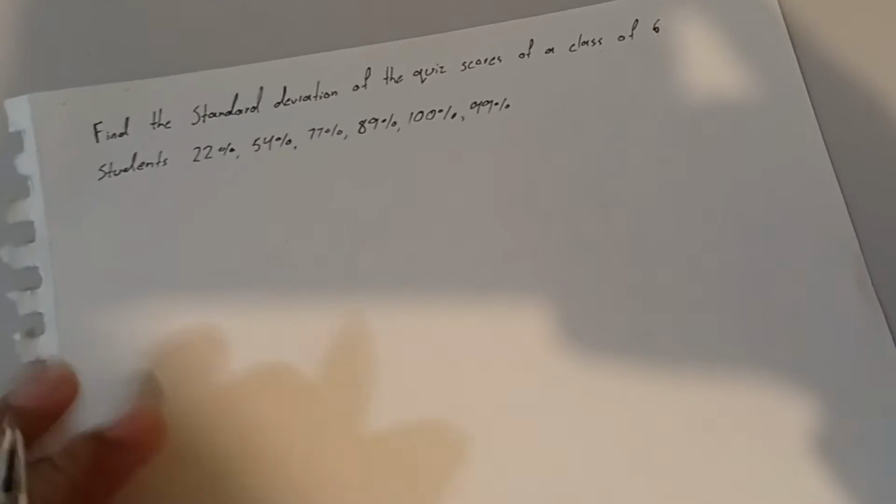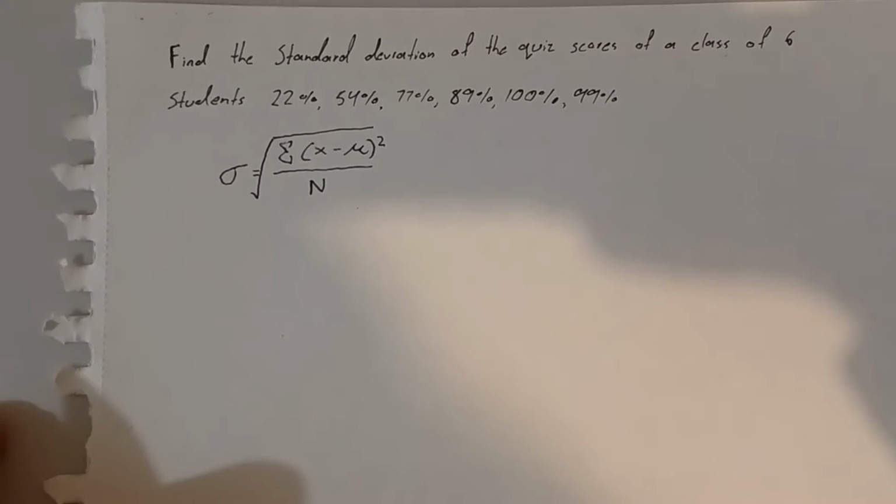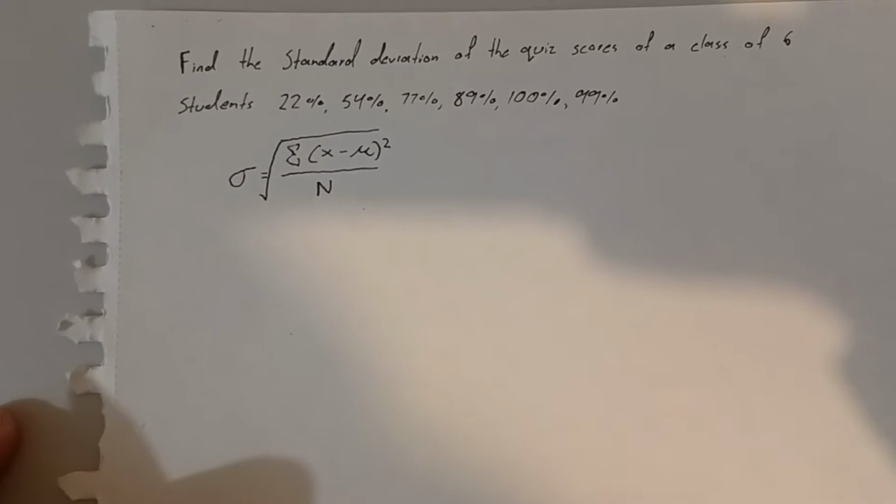So it's going to go like this: sigma is equal to the square root of the sum of x minus mu squared, divided by n. Sorry if it looks like that, I'm filming with one hand. That's going to be your population standard deviation formula.